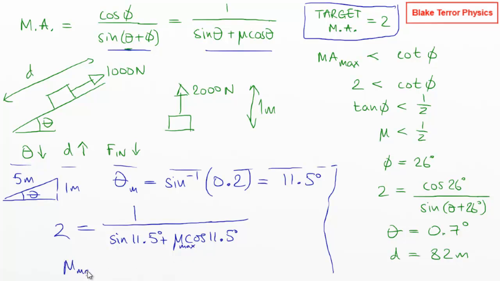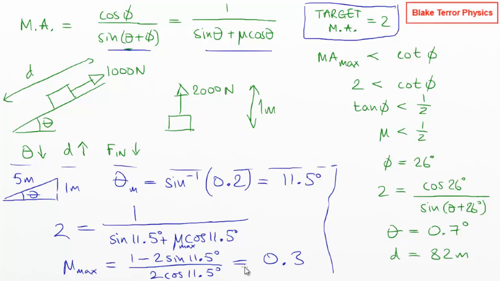So rearranging all of this, for a maximum coefficient of friction, we're going to get 1 minus 2 times sine 11.5 degrees, divided by 2 times the cosine of 11.5 degrees. So the maximum value of mu that we can have is around about 0.3.